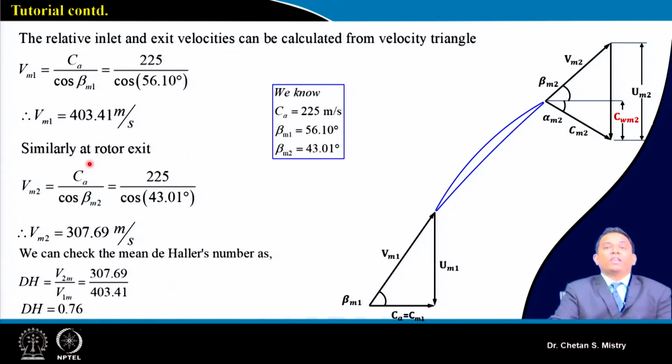That gives my entry relative velocity as 403.41 meter per second and my exit relative velocity as 307.69 meter per second. Now if we put in this number, the de Haller's factor is coming 0.76.